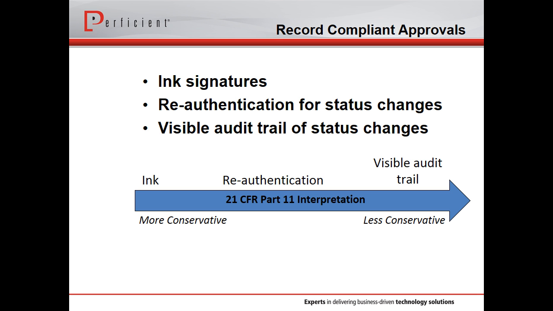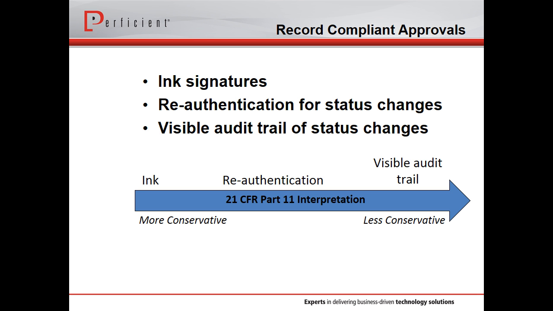But we're still controlling who gets to change the status from submitted to approved within the system controls, and all we're capturing is the visible audit trail. So those two are similar in nature.